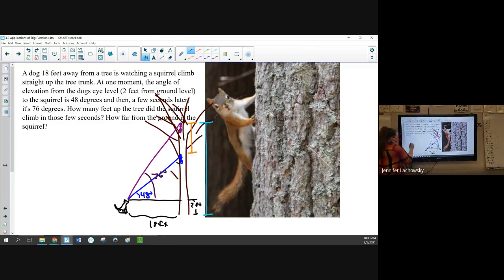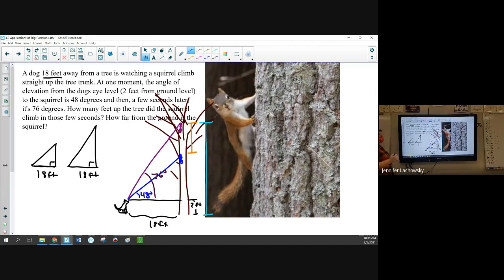So we can think of these two triangles as two separate triangles, right? What do we know about those triangles? I don't know if they're similar. I do know some things about them, right? I know that they're right triangles. I know that this, what's this base length? That was 18. Okay. So 18 feet away in both cases.